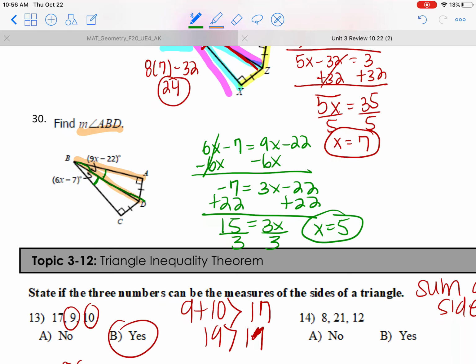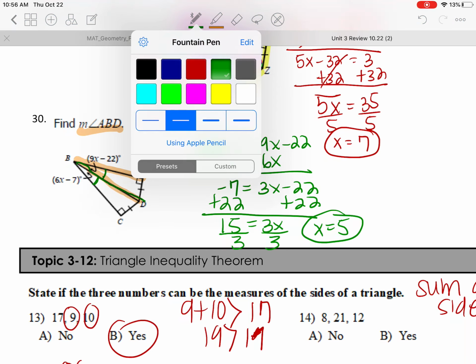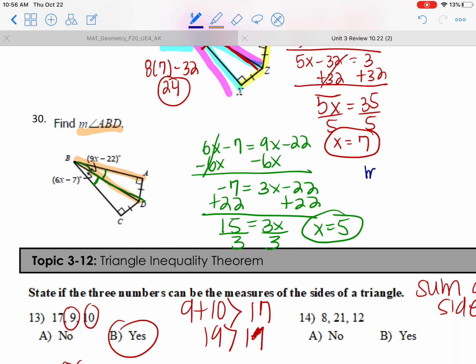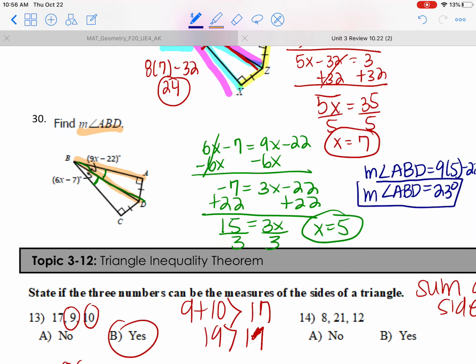And don't forget, you still have to come back and substitute into the angle ABD, which is 9 times 5 minus 22. So 9 times 5, we know it's going to be 45 minus 22. It'll give us 23. So that would be my answer right there.